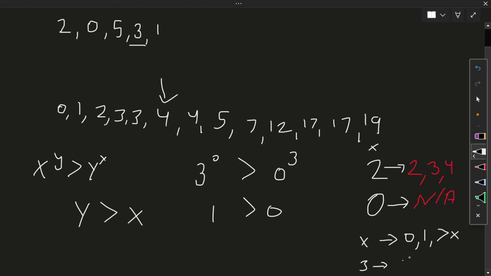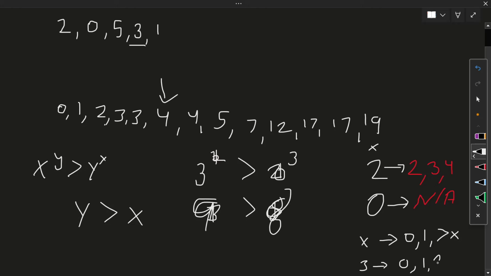Means 0 is correct for 3. What about 1? Here 1, it is also correct. For 1, it is also correct. What about 2? For 2, 2, no, this is not correct. We have 8 here, and here we have 9.